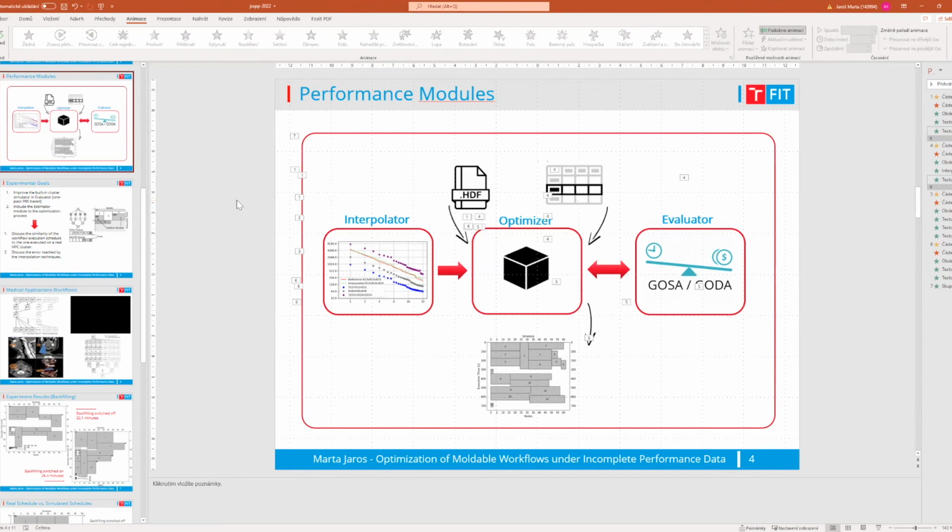Then it calls the evaluator and it says, okay, the makespan will be like this, it will cost like this, and the optimizer says, okay, I'm successful with it, here's the execution schedule, or I'm not happy, so I'm going to try to find something better.